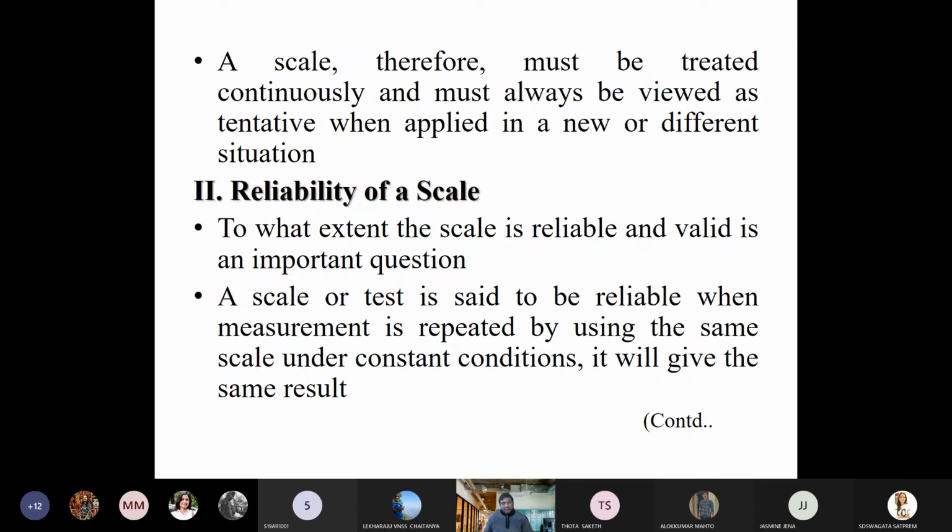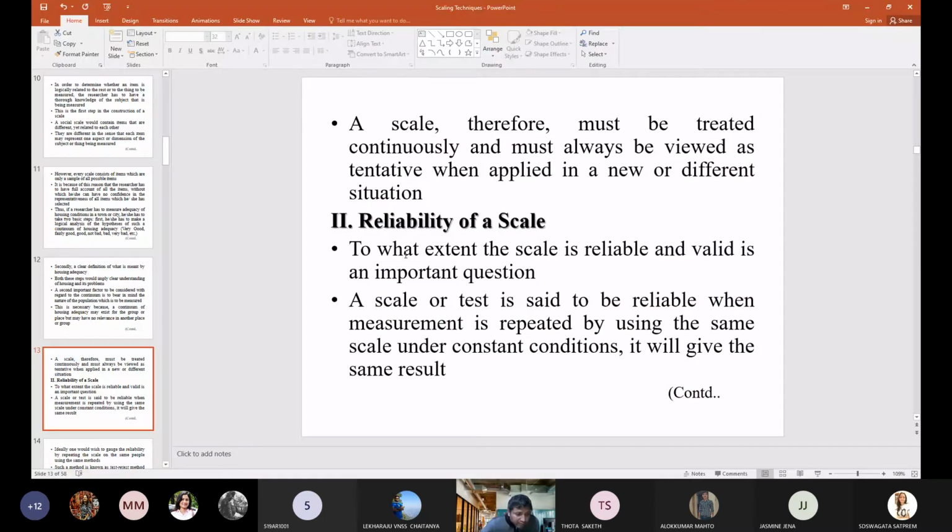So it should be measured in different kinds of situations; otherwise we cannot proceed. Unless we have clear-cut things, we cannot have an idea on this.